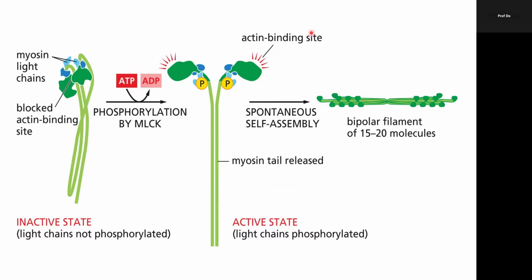Now, this slide is just a way to show you whether it's in its inactivated state or its activated state. Remember, the calmodulin is going to wrap around the myosin head, the light chain of the myosin head right here. And if it's phosphorylated, it's going to have binding sites that can directly bind to the actin filament.